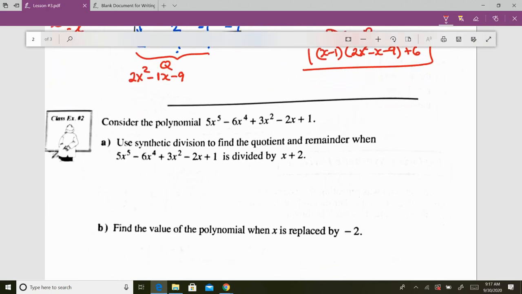So 5x to the 5th minus 6x to the 4th plus 3x squared minus 2x plus 1. We're going to divide it by x plus 2. And we're going to do it in this small space here. So you make this your synthetic division sign. It's like the upside down of a long division, I guess. What goes on the outside? What number?